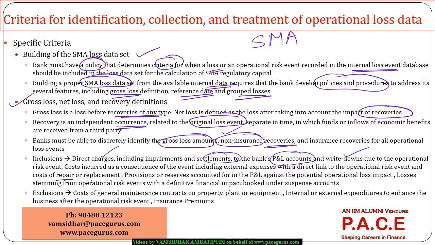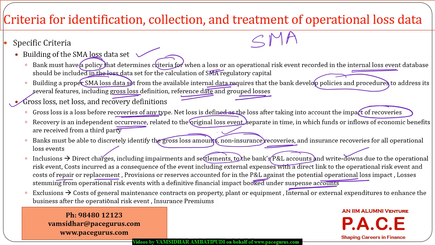Cost of repair, cost of replacement, the provisions in the P&L against the potential operational loss impact that is going to come up. So all these things are sometimes the ones that are booked under suspense accounts, but if the financial impact is more or less a known element, all these things can be included as a part of the SMA computation.